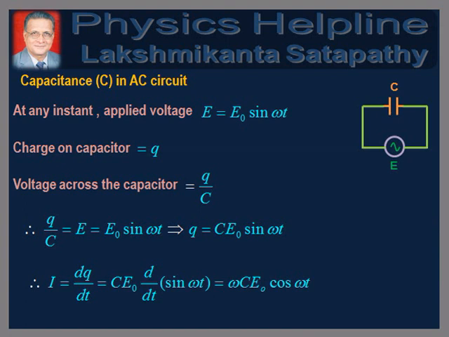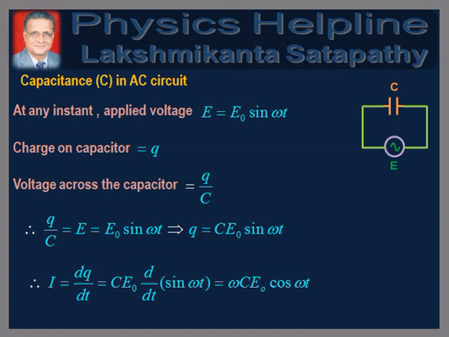Now we connect a capacitance C to the AC source whose instantaneous voltage is given by E is equal to E0 sin omega t. At that instant, let the charge on the capacitor be Q. Therefore, voltage across the capacitor is equal to Q by C. Since there is no other circuit element, this must be equal to the supply voltage.